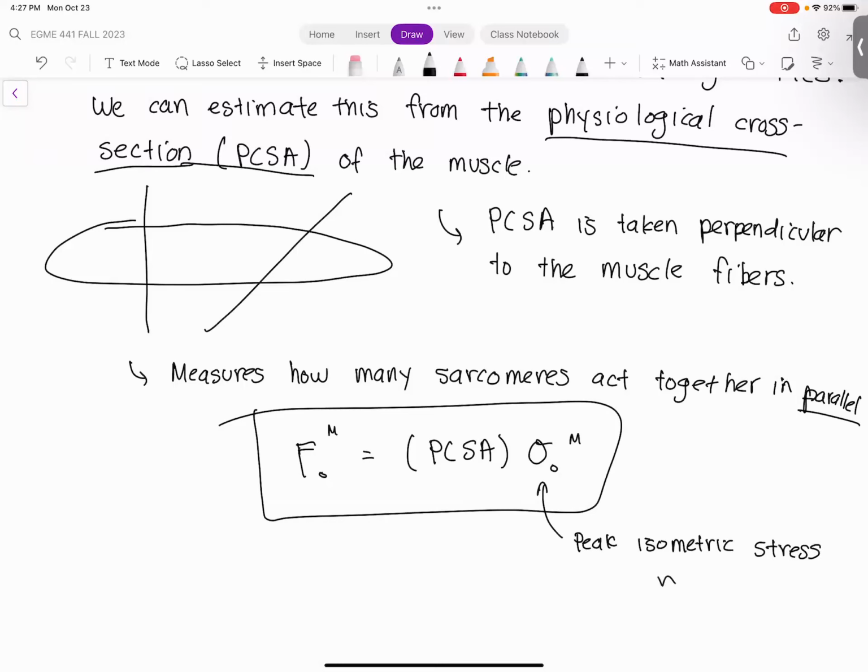And this does have a fairly known value, about 0.3 megapascal.